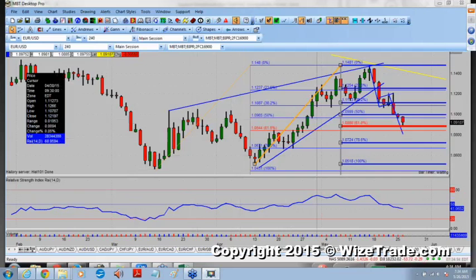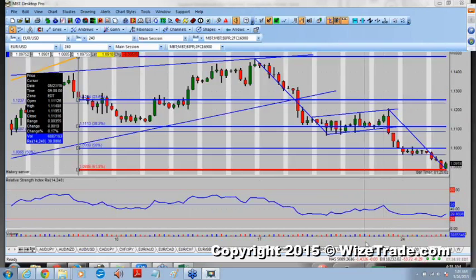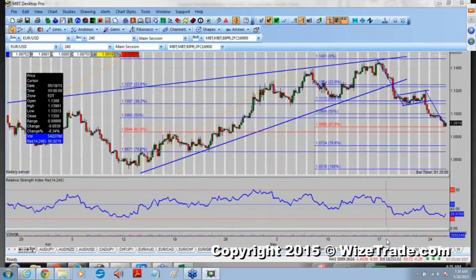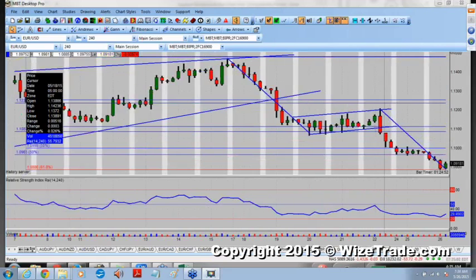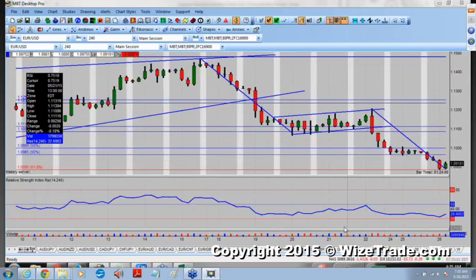Okay. Now, where's resistance? If you're stuck on the long side of the euro dollar, where would you be happy getting out? Let's imagine you're long the euro dollar. You've been long since last week.